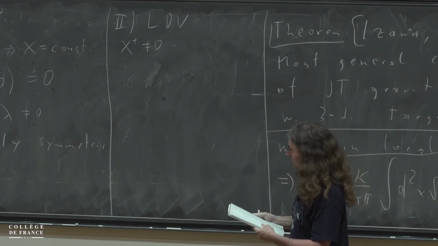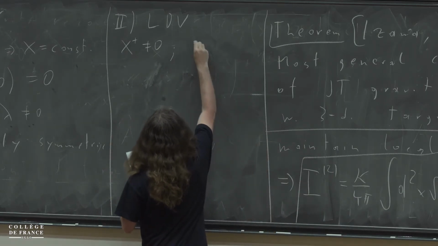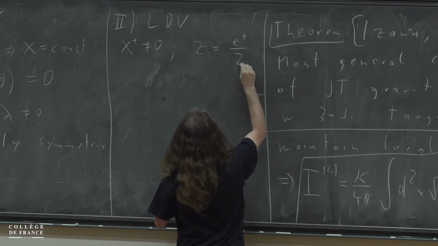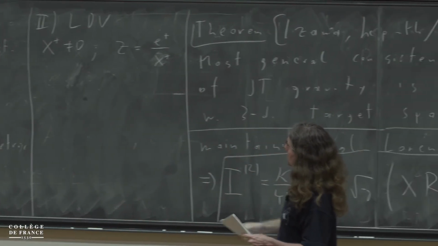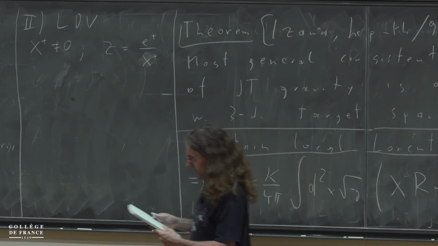Okay. Now, here's a simple solution algorithm. We introduce a one-form Z, which is just defined by the Zweibein component e plus divided by X plus, and that's a well-defined operation because we assume X plus is non-zero.